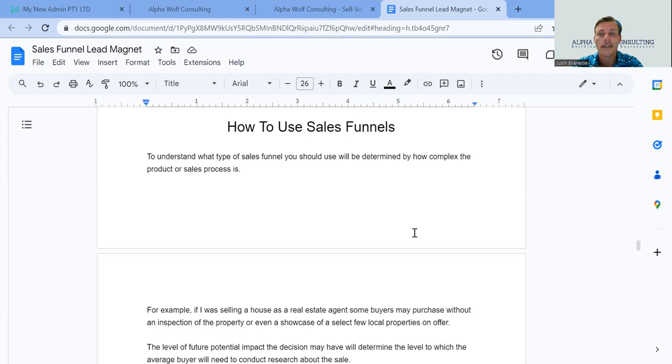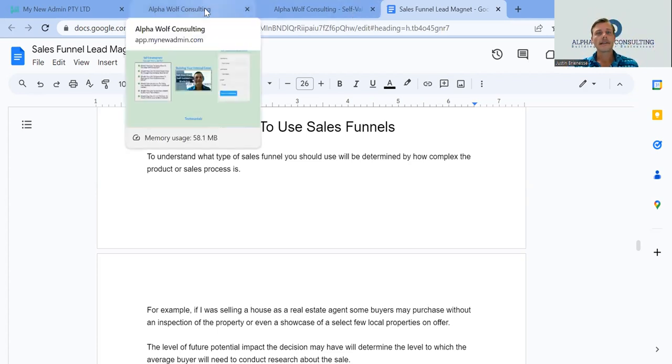The more complex your sales funnel, the lower your conversion rates will be, because in a complex sales situation there are many variables to account for. Whereas in a simple sales funnel, it is very simple for a client to move forward.